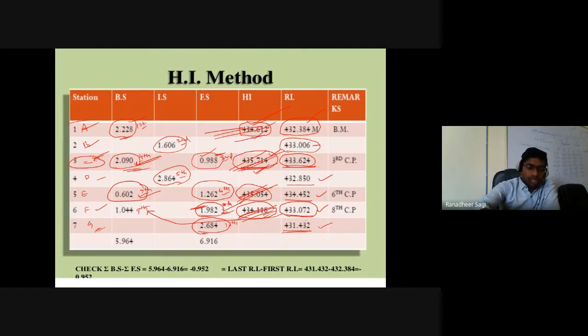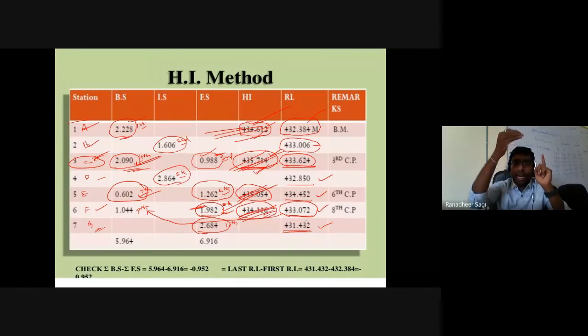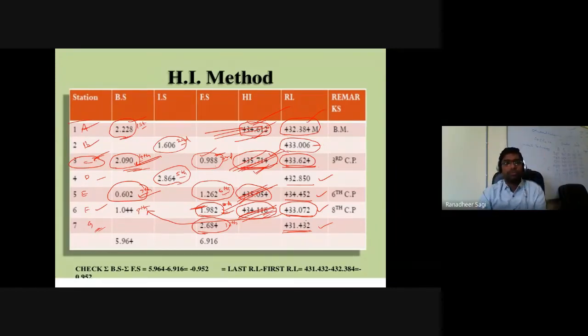See, in this particular complete story, there are certain points to be very clearly understood. One is understanding the staff readings and writing those staff readings in your level book properly. So what does that level book contain?